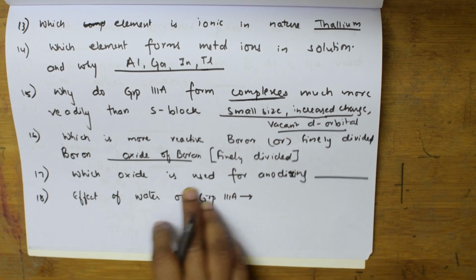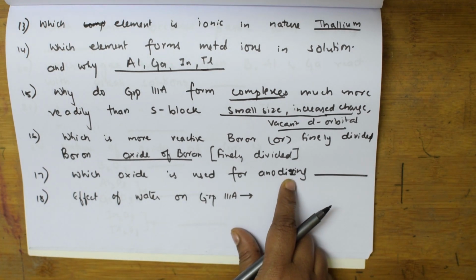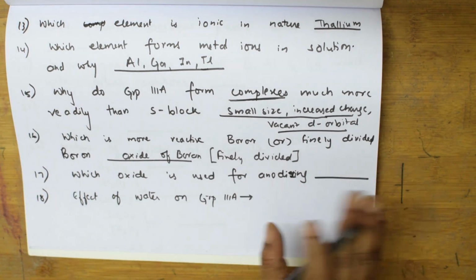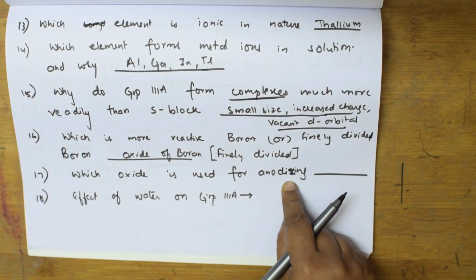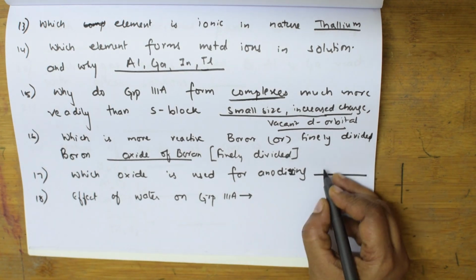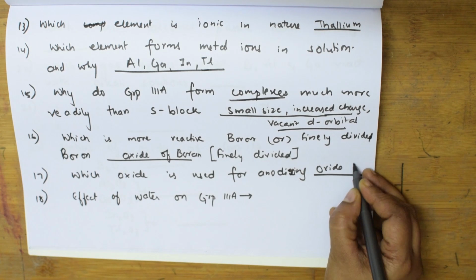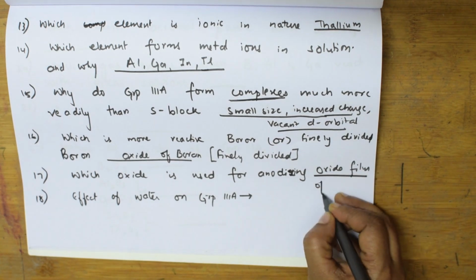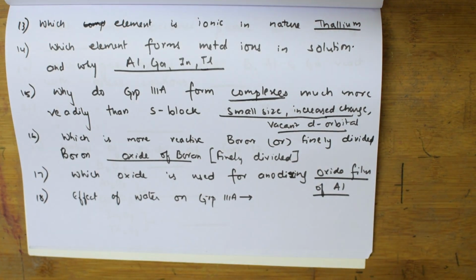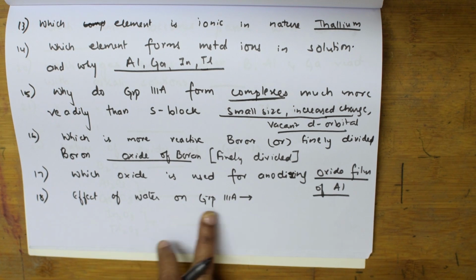Next question, which oxide is used for anodizing? We very well know the anodizing process. I did one video also on the anodizing process. So the answer is the oxide film of aluminium. Remember this. Next, effect of water on group 13 elements.